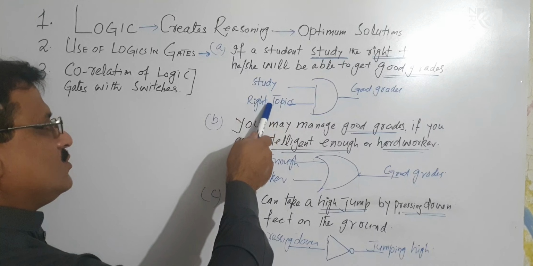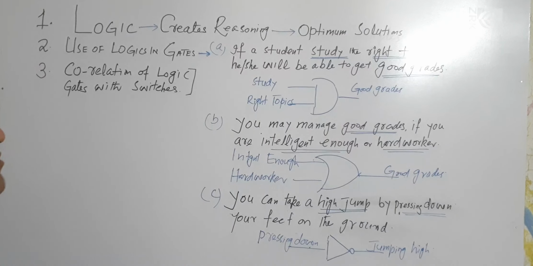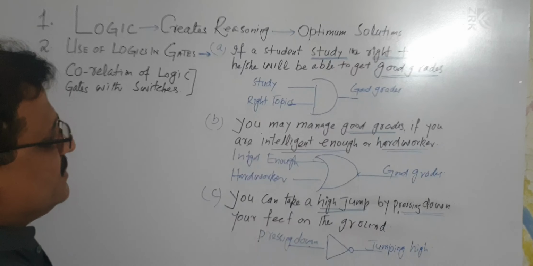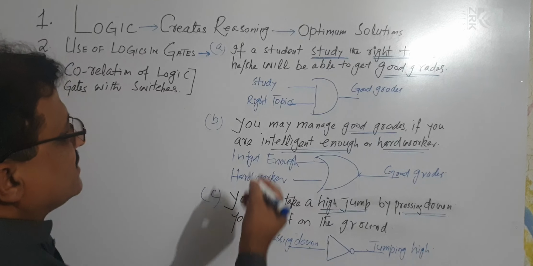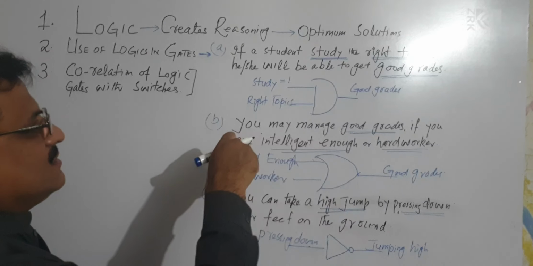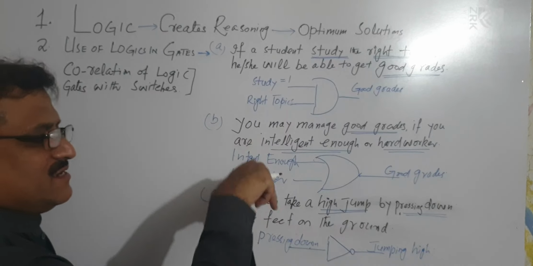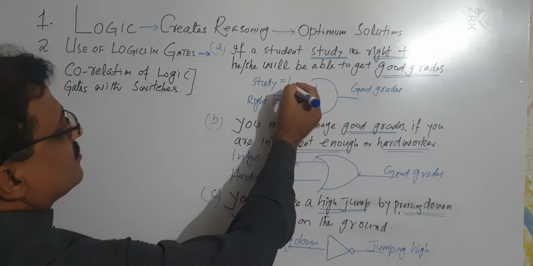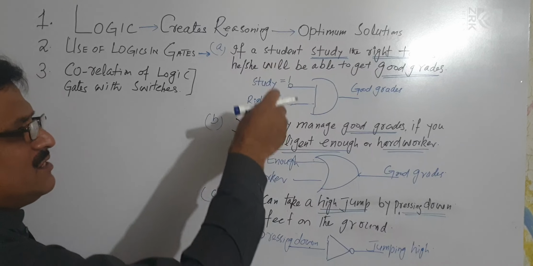First it will look into the input conditions. Being a digital designer, we will decide that if study is 1, it means that particular student is studying. But if study is 0, it means that particular student is not studying.